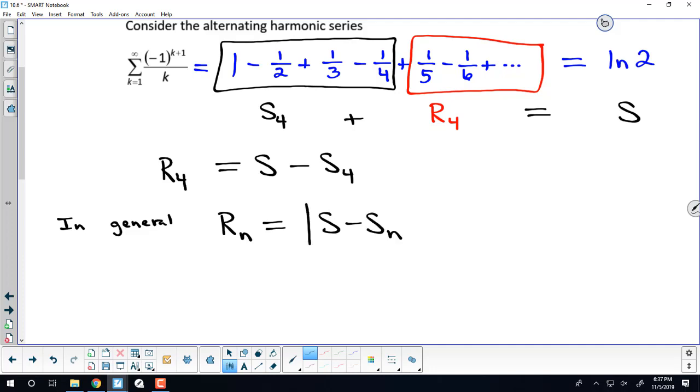And then since it's alternating, we'll just look at the magnitude. So we'll be able to say like the error is at most 0.5, or the error is at most 0.2, etc.